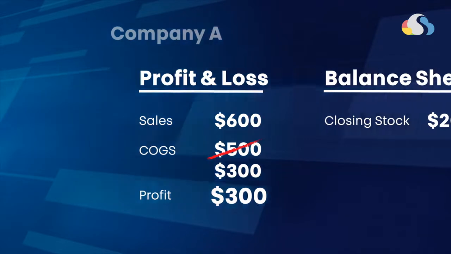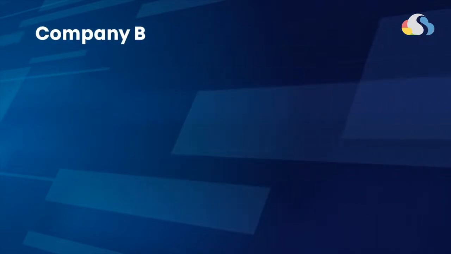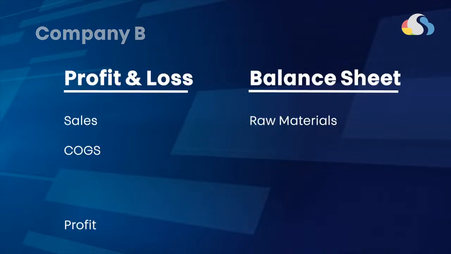Then let's compare company B. Company B is also a manufacturing company, and it's quite similar to company A. They would buy $500 of stock. As soon as they buy $500 of stock, they put it into their balance sheet as raw material, and they will start their production.